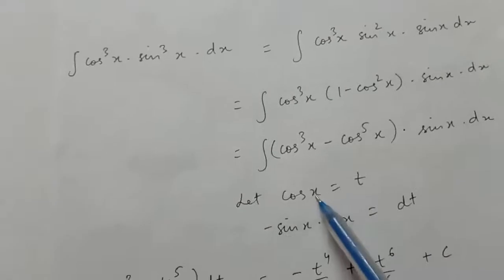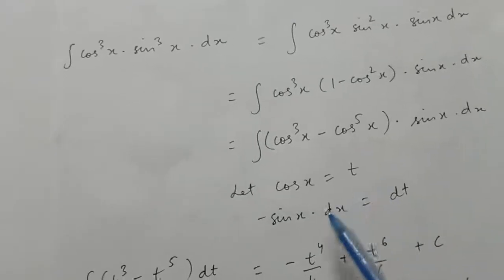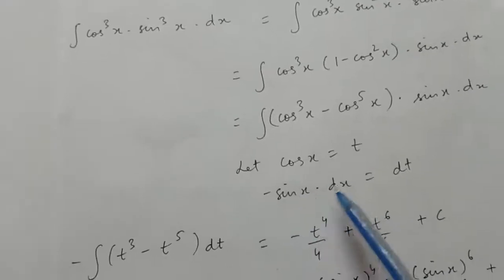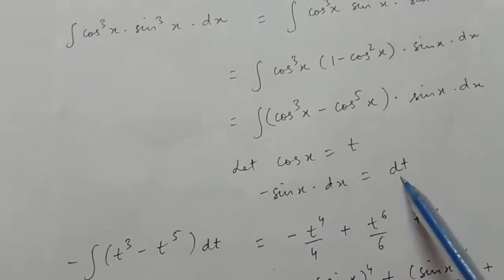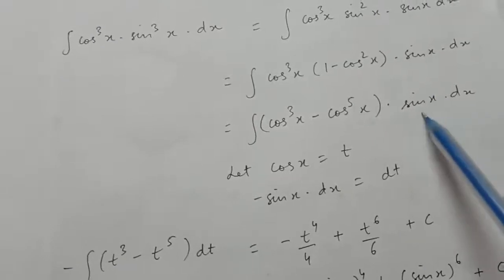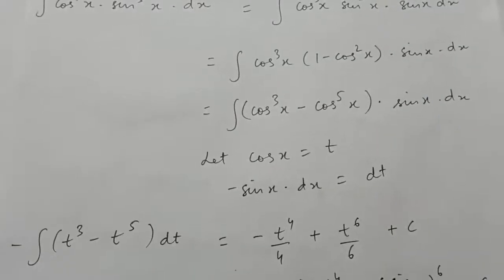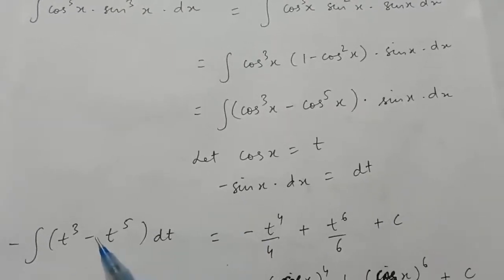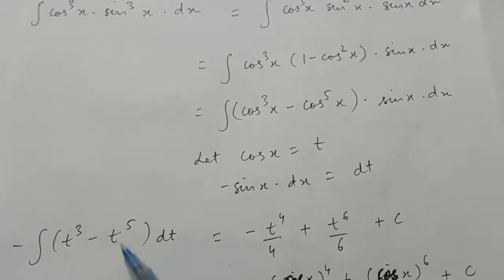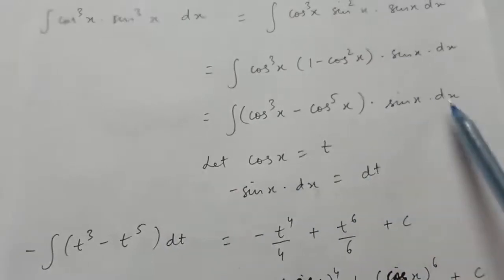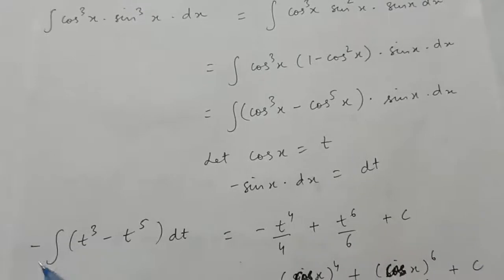Now if we let cos x as t, then differentiating both sides, you will get minus sin x into dx equal to dt, and sin x is present in the integrand. Now the integral will become, in place of cos cube x, t cube, and in place of cos x raised to the power 5, t raised to the power 5, and in place of sin x into dx, minus dt will come.